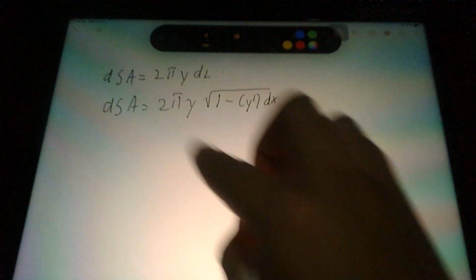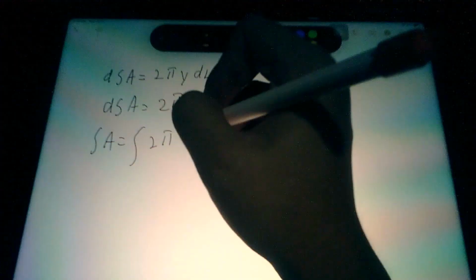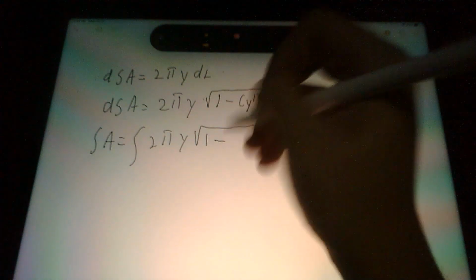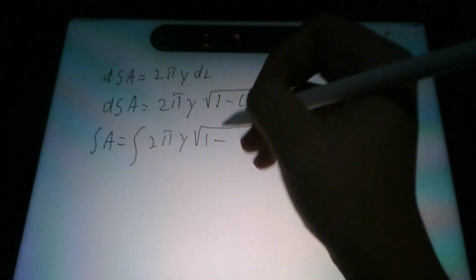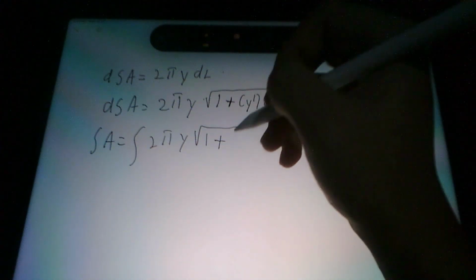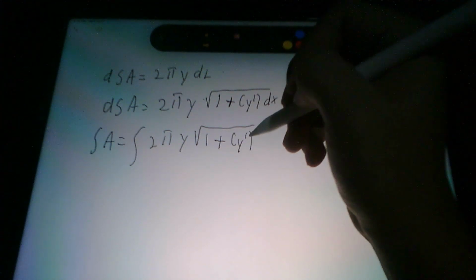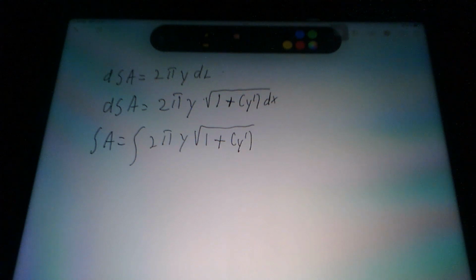Now, if we integrate this, our surface area is equal to the integral of 2 pi y square root of 1 plus, sorry, it's plus y prime squared. Y prime here is just the derivative of our y.